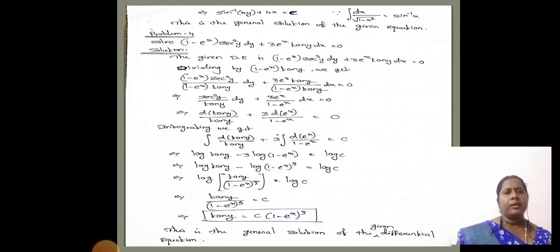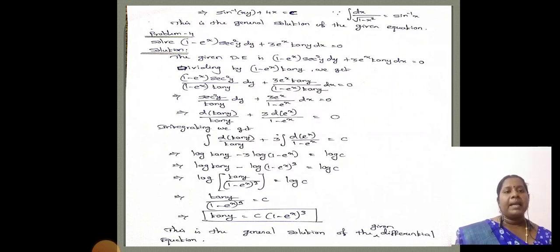We know that the integral of d of tan y by tan y equal to log tan y, and integral of d of e power x by 1 minus e power x is minus log 1 minus e power x. So substitute these values. Log tan y minus 3 log 1 minus e power x equal to log c, where c is a constant of integration.